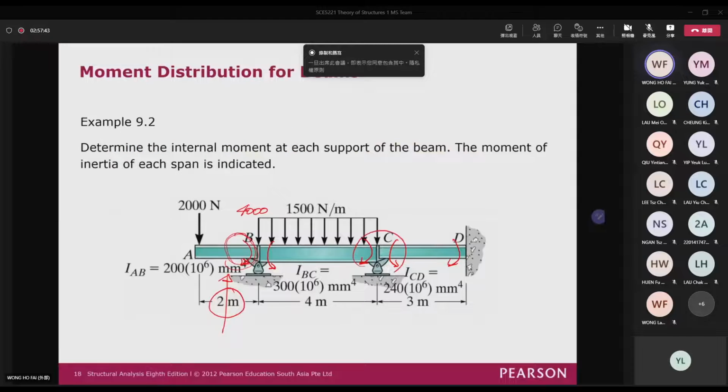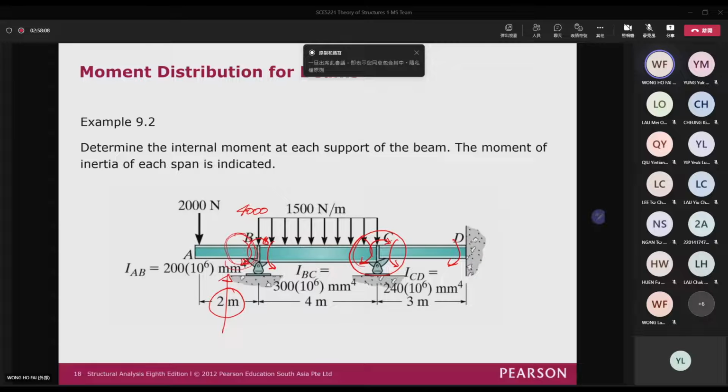Because when you have a moment applied here at C, part of it will be distributed to the side CB, and part of it will be distributed to CD. And when you have a moment applied at B, the moment will not distribute to the side BA, it will only remain in the side BC.